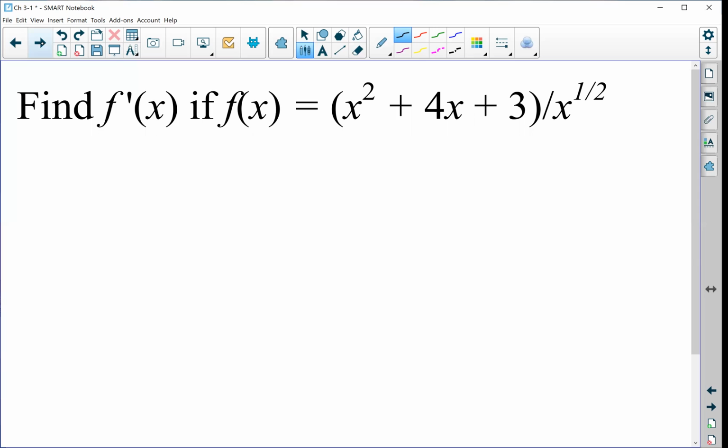All right. So here we have a little bit different problem. If f of x is equal to x squared plus 4x plus 3, all divided by the square root of x, find the derivative.